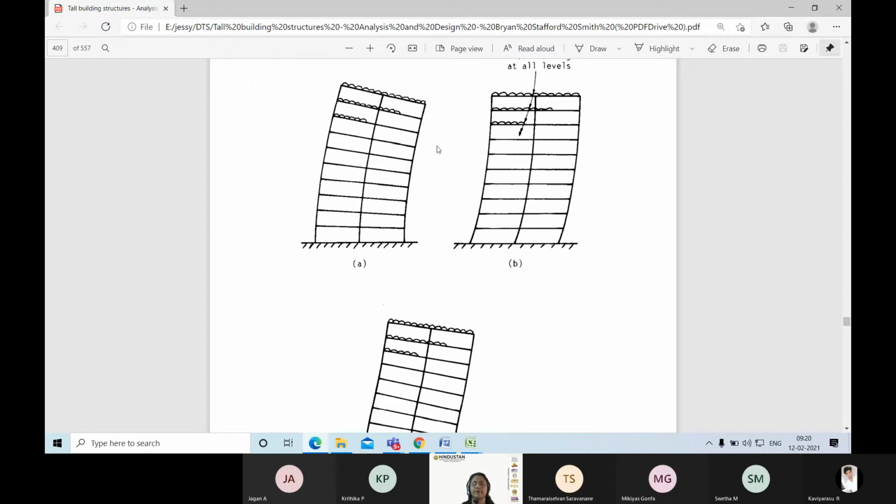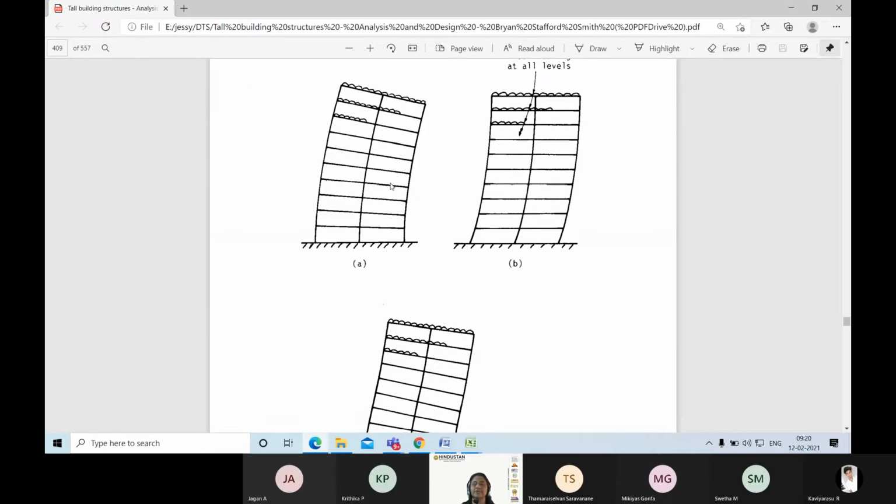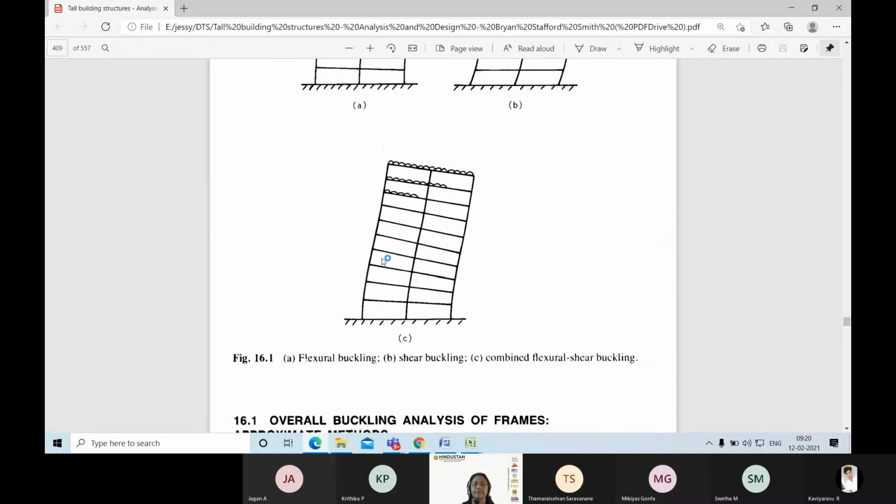But when we simulate the entire structure as a cantilever column, this particular mode alone cannot be taken into consideration, because the structure will have a shear mode. When it is loaded, it can have a shear mode of behavior also. Most of the time, for the analysis, we combine these two, flexure and shear, and take a combined mode of buckling.